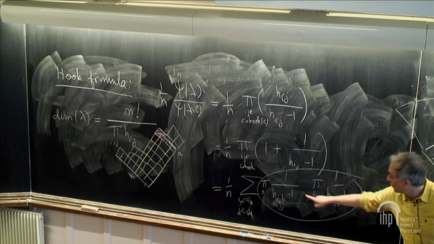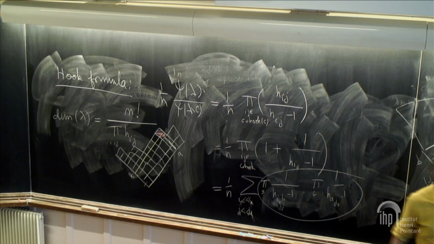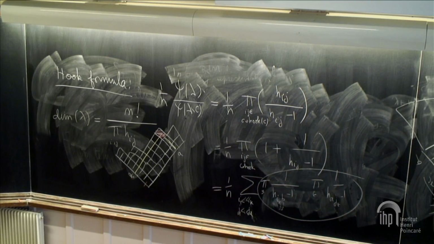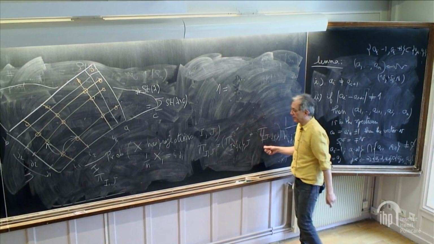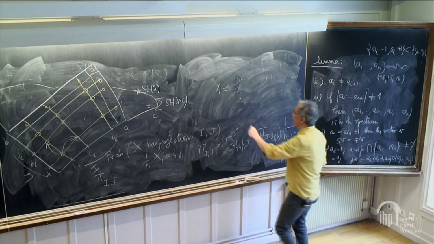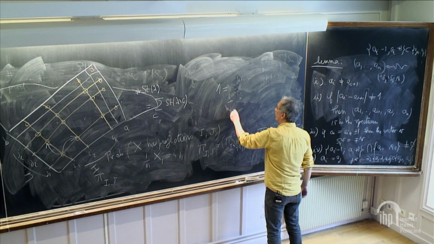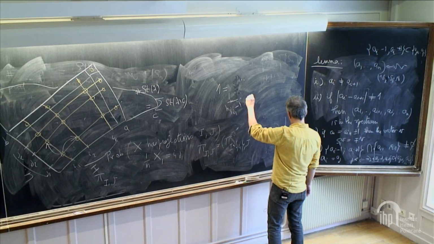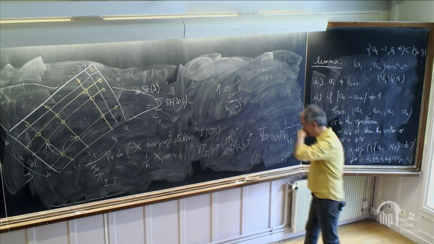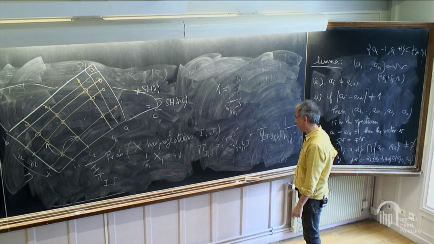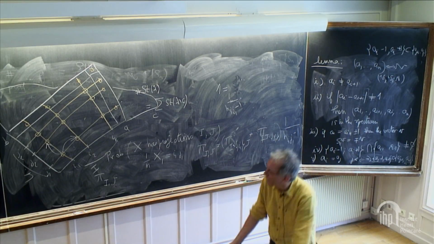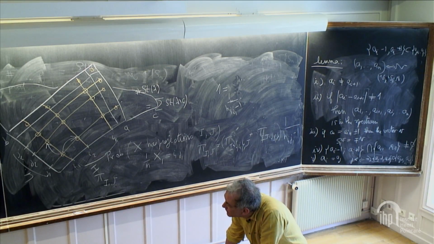And now I compare this product for these two. I assume that by induction these two are given by my formula. And what I have to check is just that 1 over h. So what do I have to check? There are lots of factors.